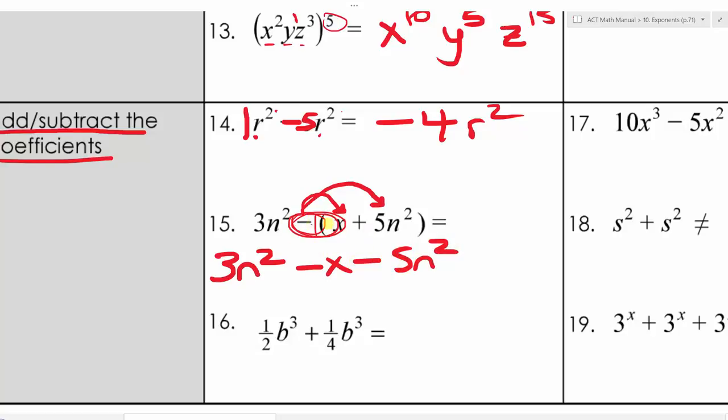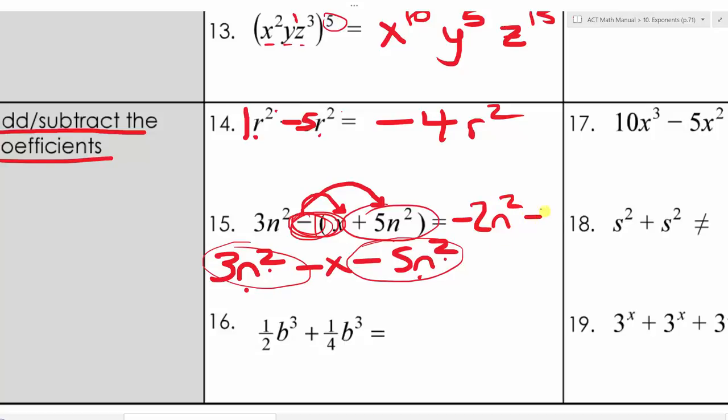So that's the negative 1 on the outside times the positive 5n squared gives me negative 5n squared. And now I have like terms. I have base of n exponent of 2, base of n exponent of 2. So I can actually take away these 5n squareds from these 3n squareds, and I'm left with negative 2n squared minus x.